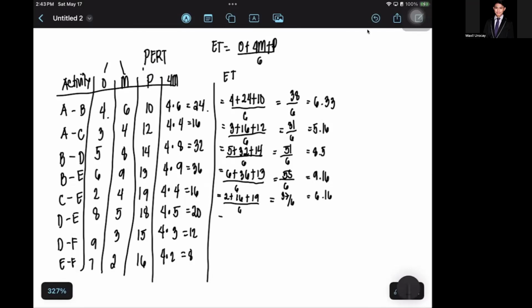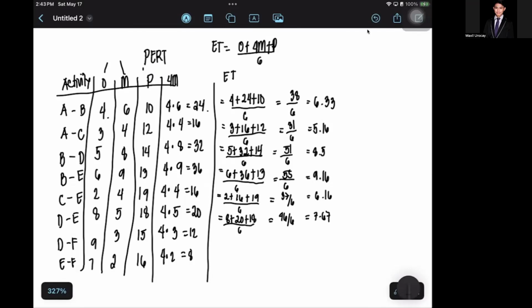Afterwards, your O is 8, your 4M is 20, and P is 18, divided by 6. 8 plus 20 plus 18 equates to 46. 46 divided by 6 is 7.67.